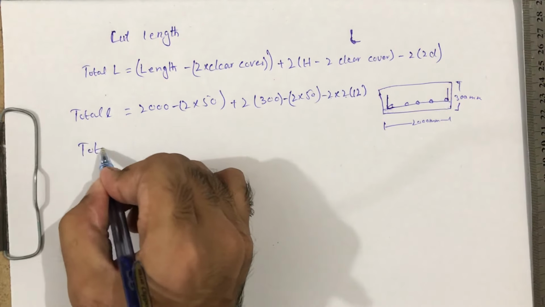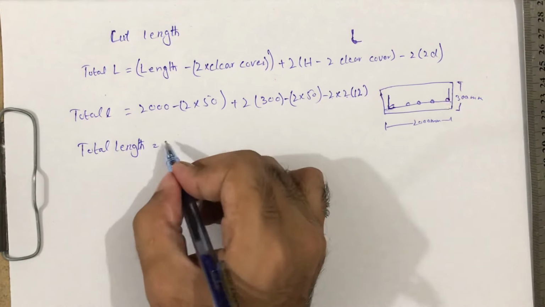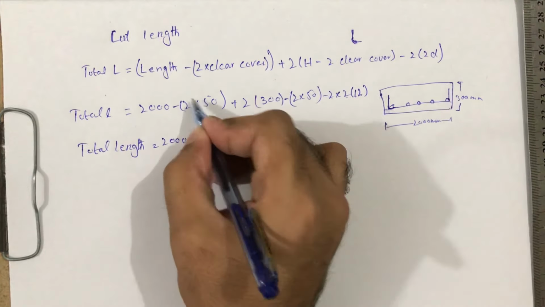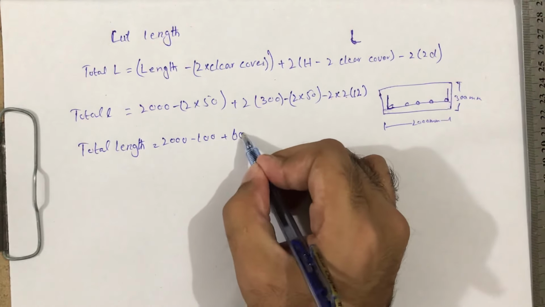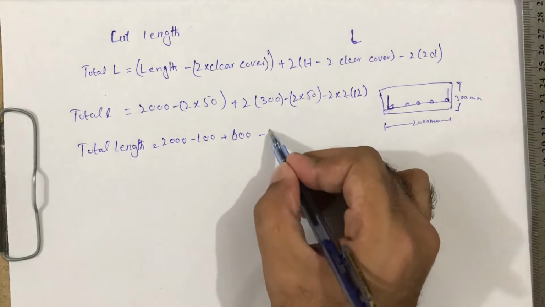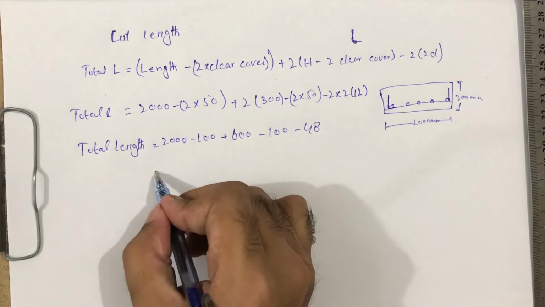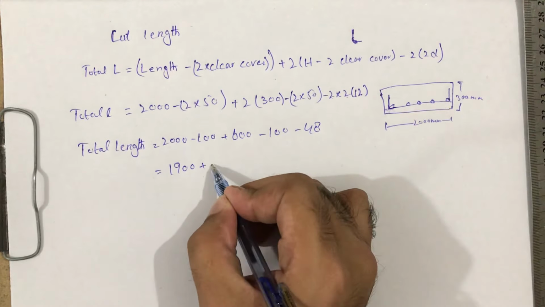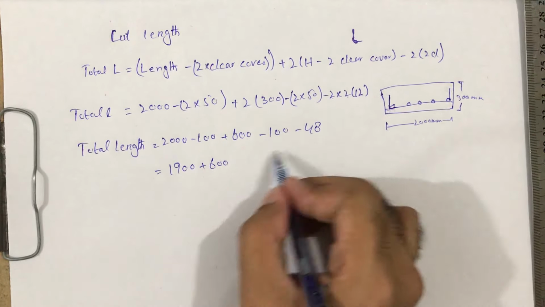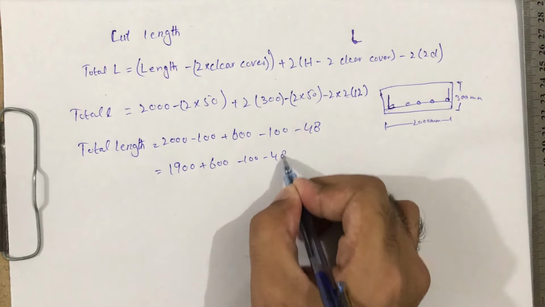So total length will be 2000 minus 100 plus 600 minus 100 minus 48. So 1900 plus 600 minus 48 minus 100 minus 48.